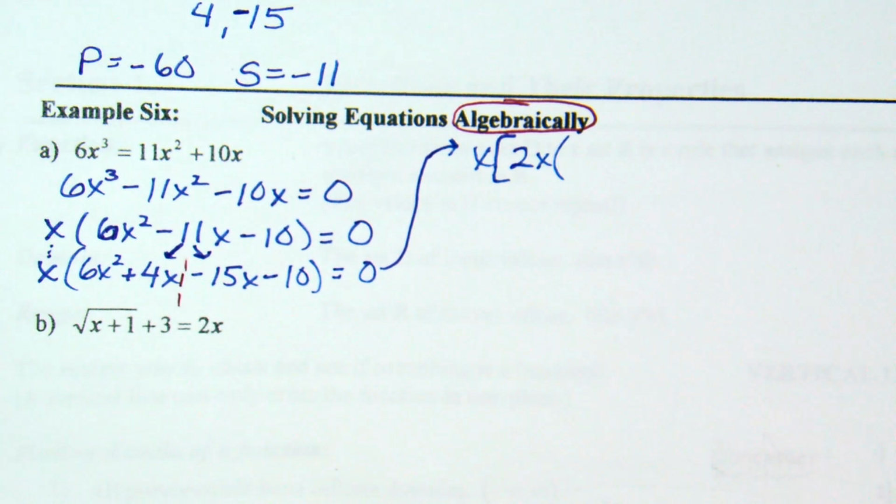What's the GCF of 6x squared plus 4x? 2x. So I'm going to have 2x, parentheses. What remains when I factor out 2x here? 3x plus 2. In parentheses. Now, GCF of my second 2. GCF of minus 15x minus 10.